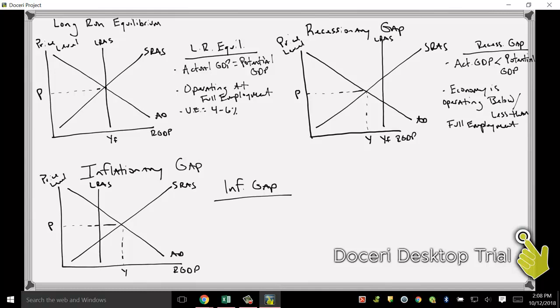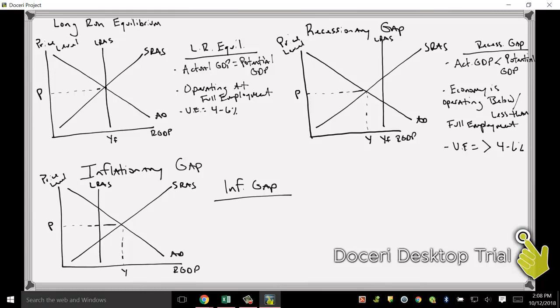And then the last thing we can learn about this graph is that our unemployment rate is equal to something that is greater than 4 to 6%. If we're not using all of our resources, then our unemployment rate must be higher than what it naturally would be.